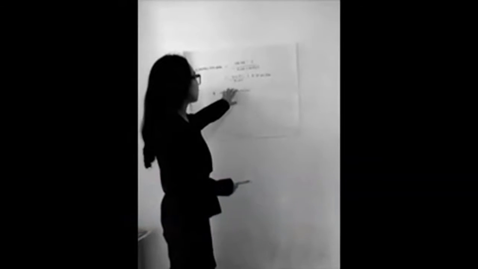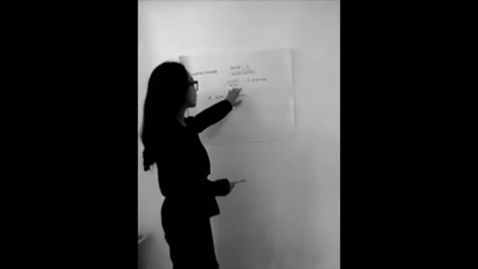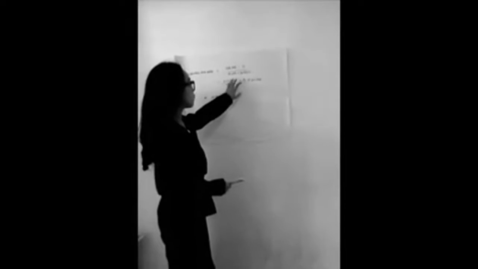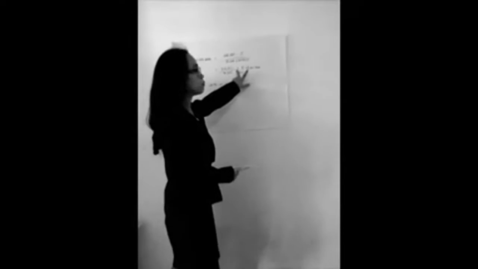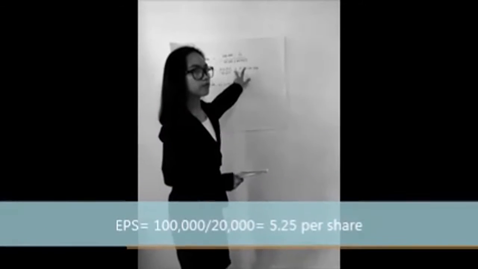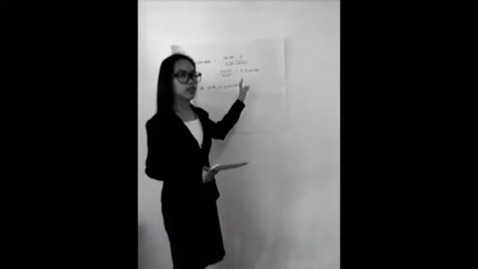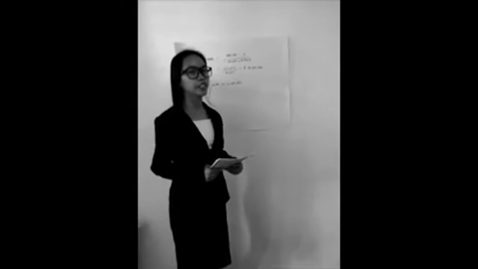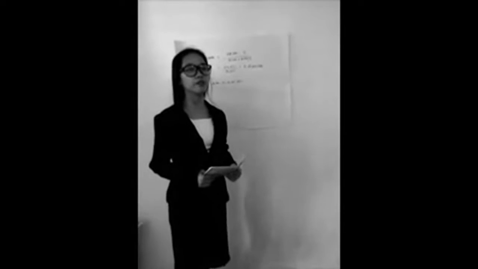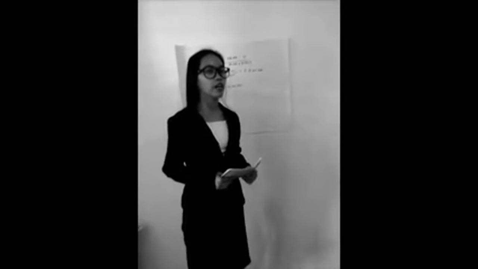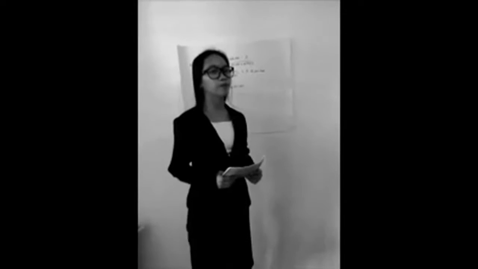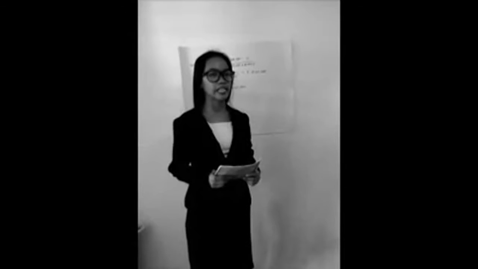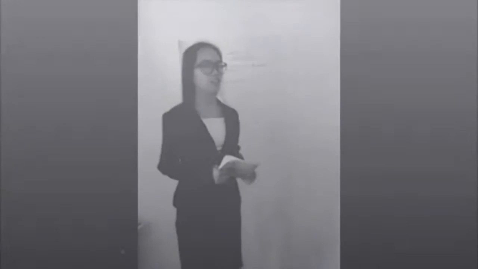Net income divided by the average shares, 20,000, equals $5.25 per share. The EPS ratio is $5.25 per share. It means every share of the common stock earns $5.25 of net income.